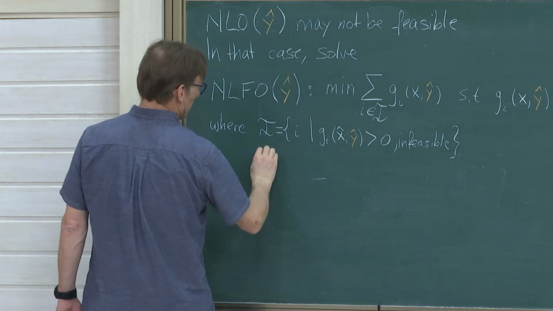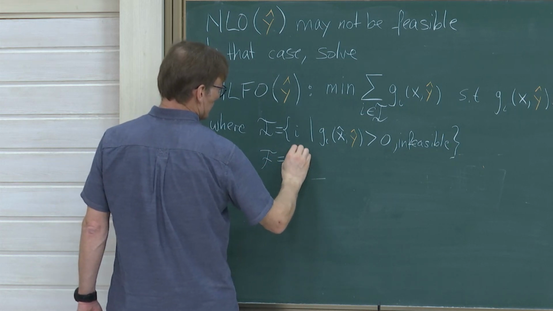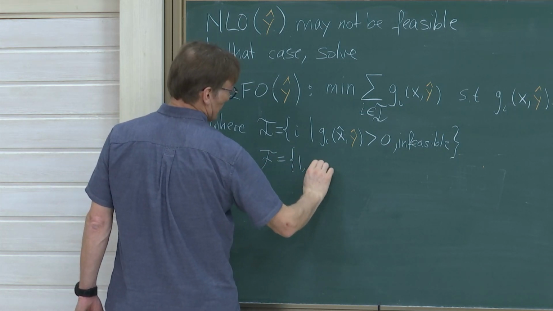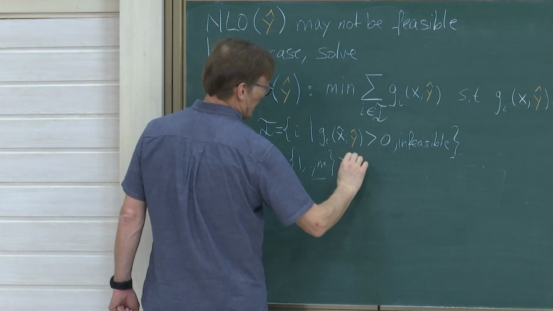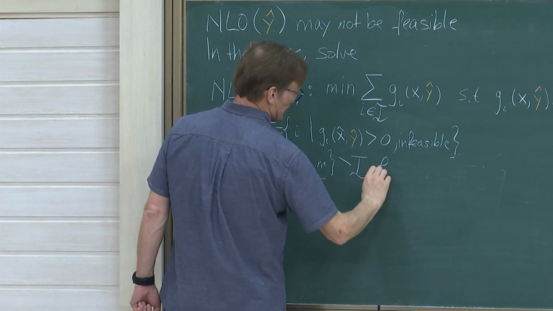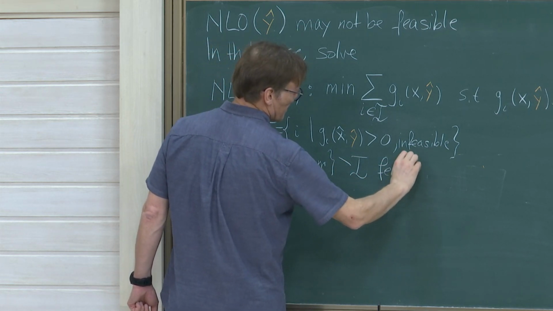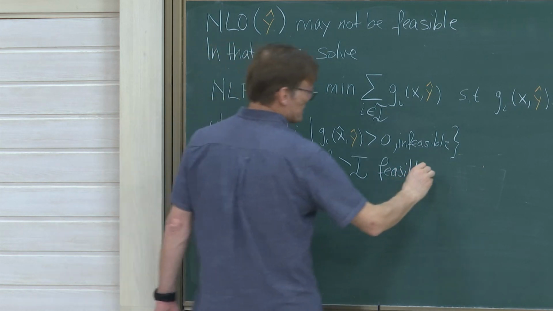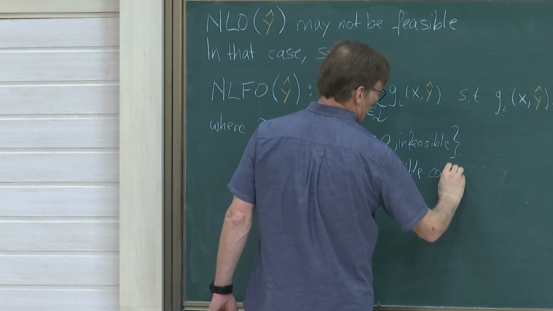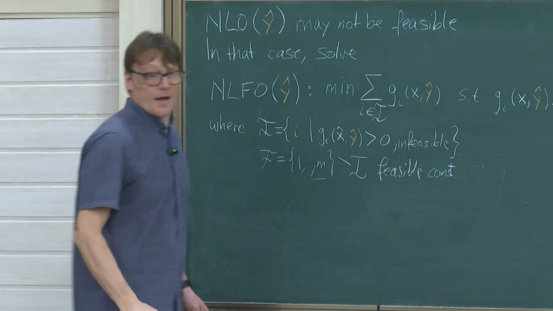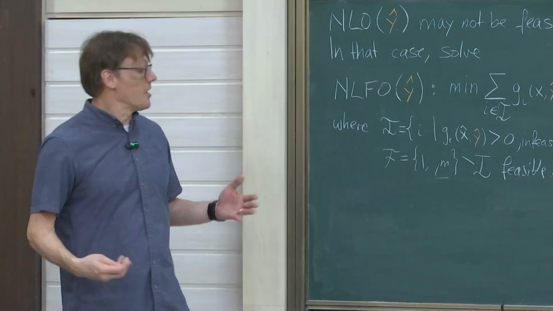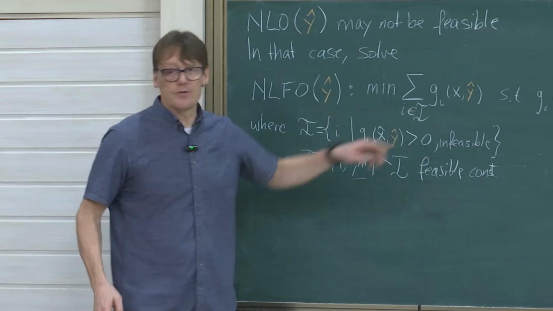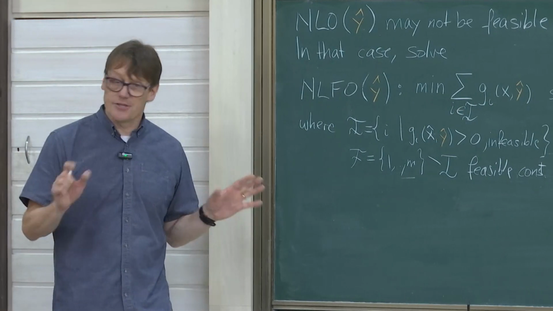And F is simply the complement. So that's the set 1 up to M without I, or the set of feasible constraints. And the nonlinear optimization solvers will choose these sets for you, and it's not unique.